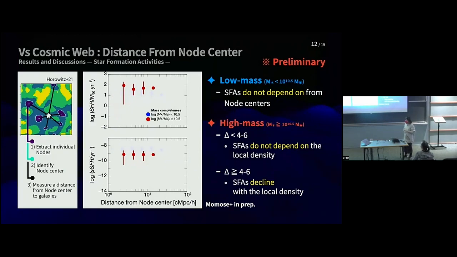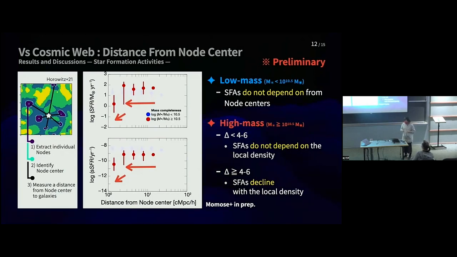Similar to the low mass galaxies, they also show similar star formation activity values beyond 2 cubic megaparsec away from the node center. But both star formation rate and specific star formation rate suddenly drop when they are closer to the center.